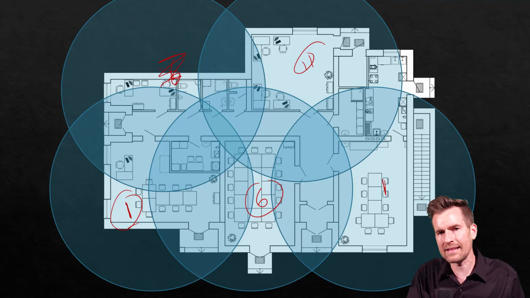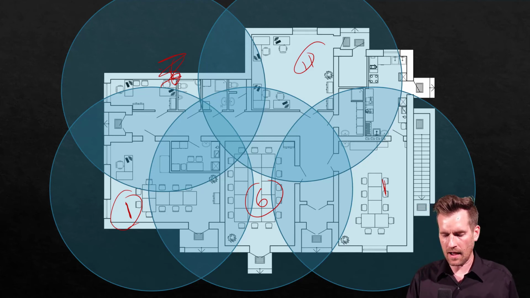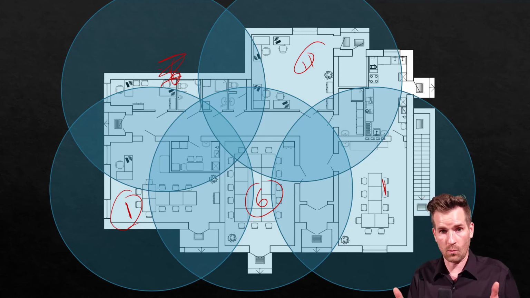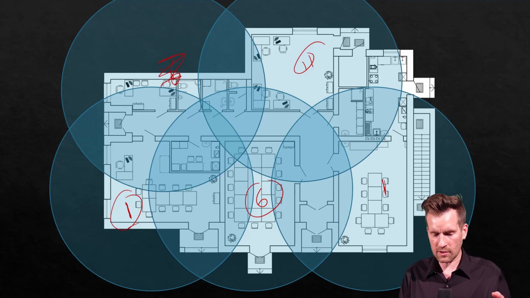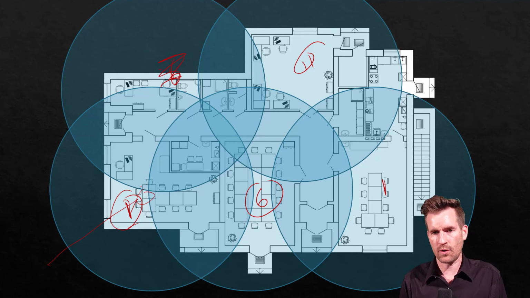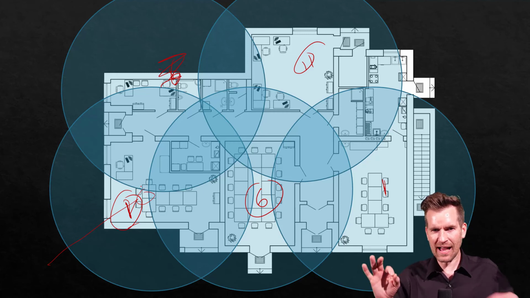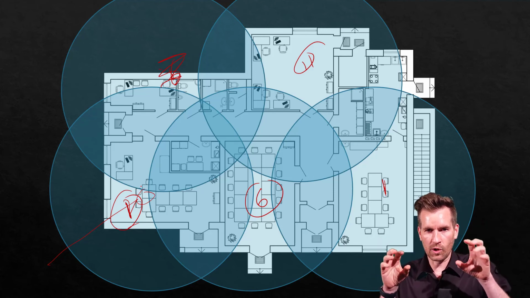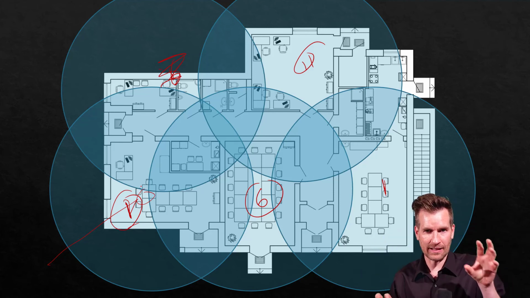And that's one of the downfalls of the 2.4 gigahertz range, is that we're really limited on the bandwidth that we have to work with. And one way to compensate for this is to lower the power that each one of these access points broadcasts. So there's a lot of adjusting that I have to do to make this all work, and I have to do placements of all of these.